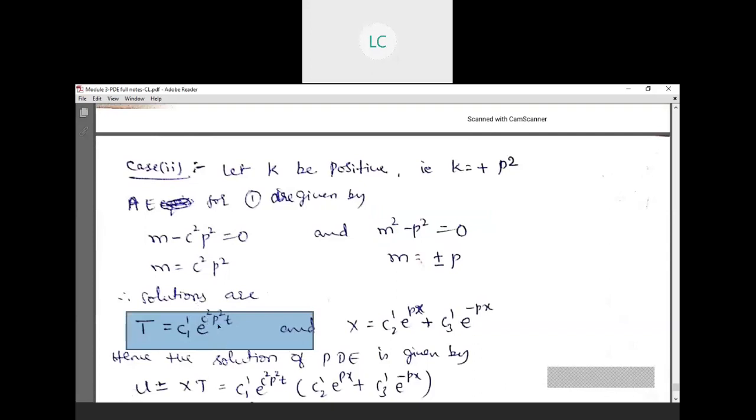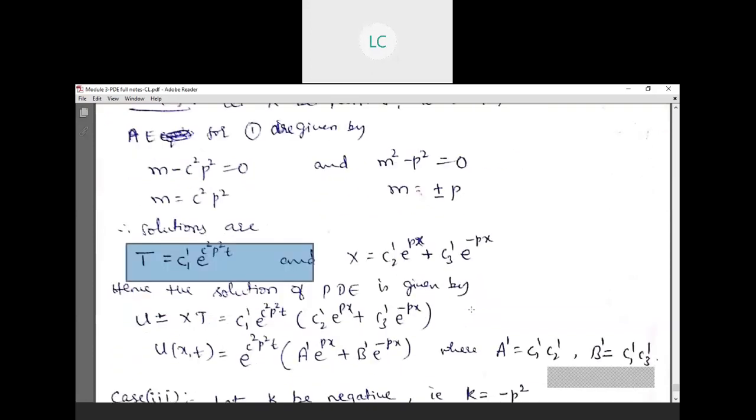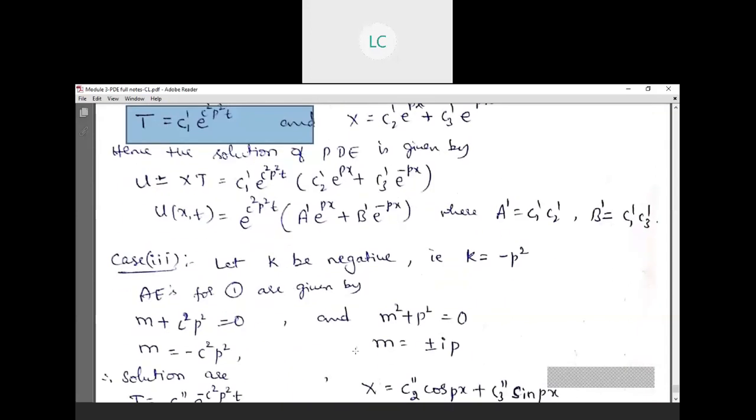And here X is equal to, for plus p and minus p, c2 dash e power px plus c3 dash e power minus px. Now you just combine, you'll get u. Here e power c square p square t is common, multiply c1 dash inside the bracket. c1 dash c2 dash becomes a dash, and c1 dash c3 dash becomes b dash, because there I used a, b, right? That is the solution.